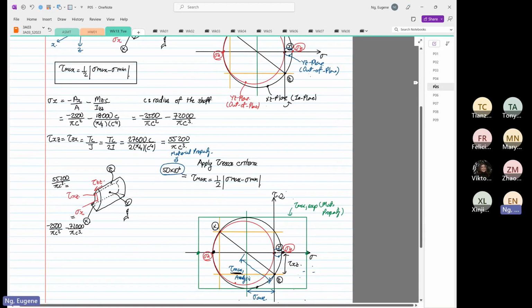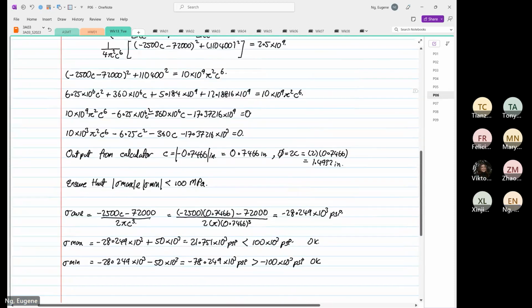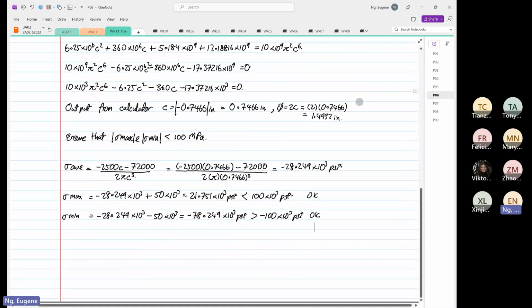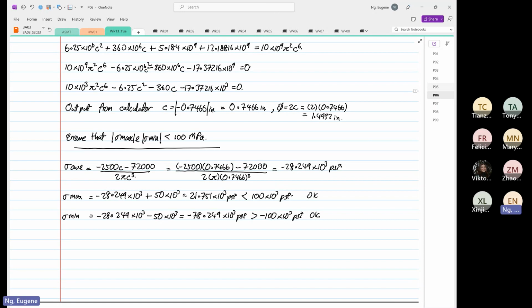Then from here, it's just algebra. You have to be really careful with the math. And the most important thing is you have to do the checking. If your maximum stress is outside, then you have to increase the size of the shaft. Okay, that's all for today, and I'll still stay behind if you have any other questions.